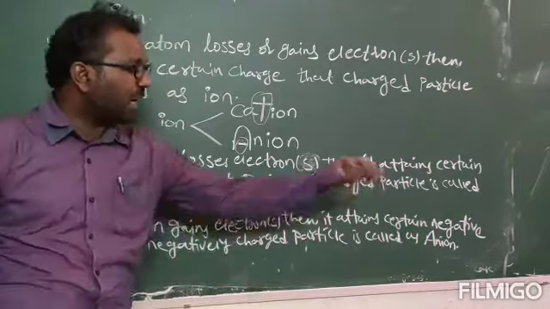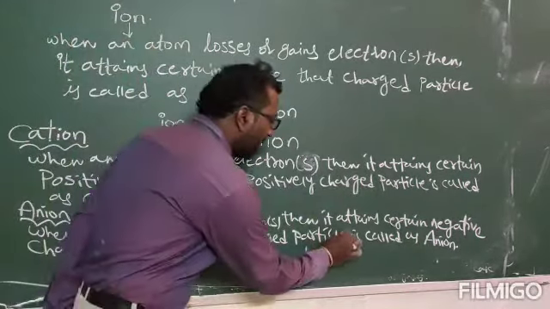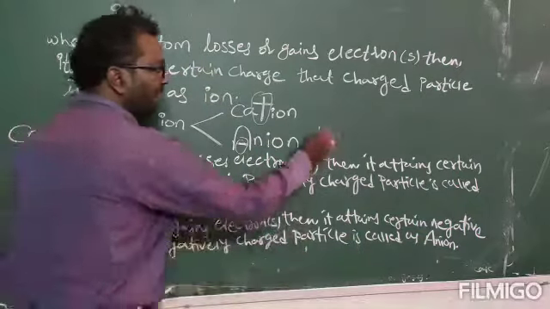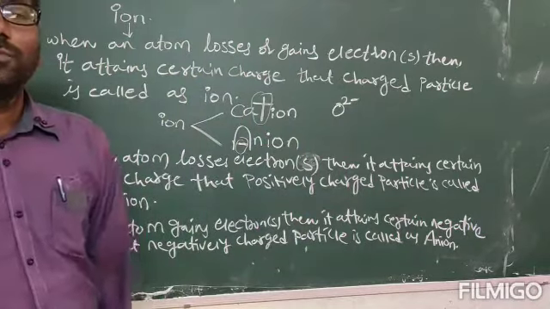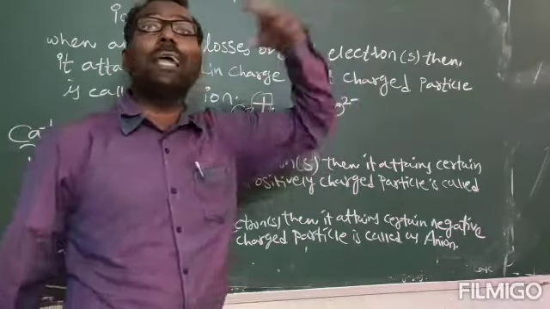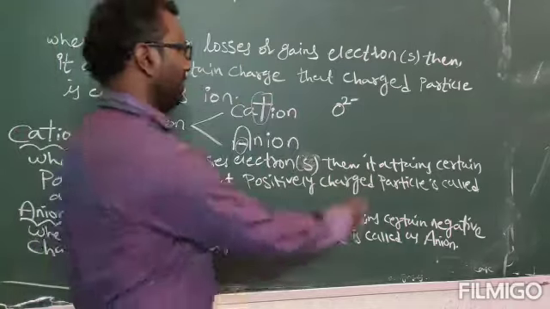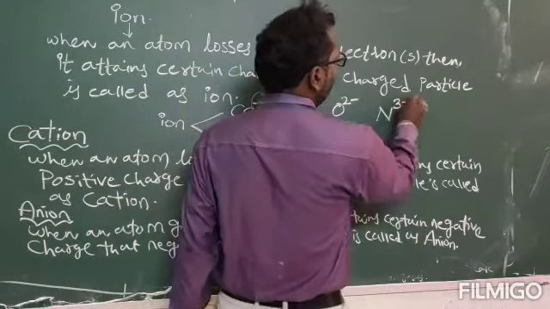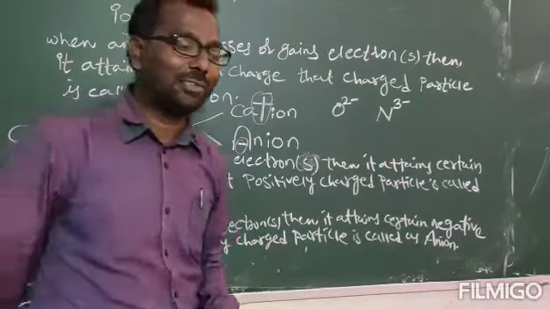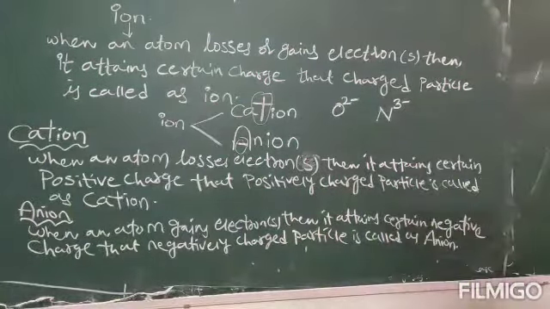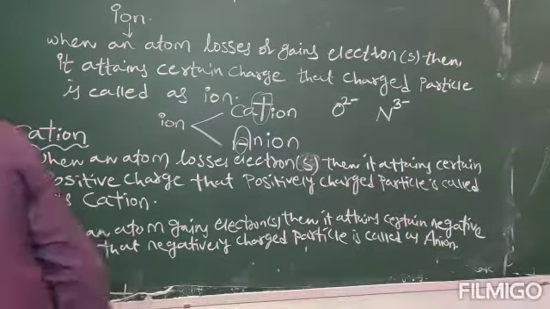That negatively charged particle is called an anion. Suppose you take oxygen, O2-, what does it mean here? Oxygen has gained 2 electrons. N3-, nitrogen has gained 3 electrons. That is the most important concept. Hope you have understood the major difference between cation and anion.